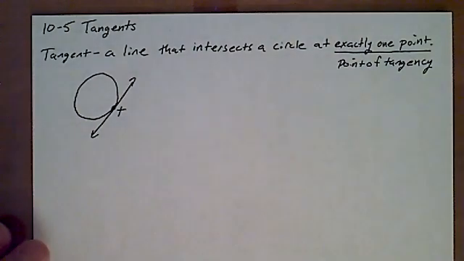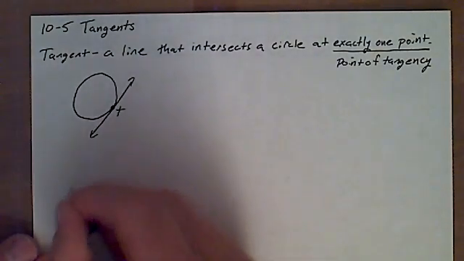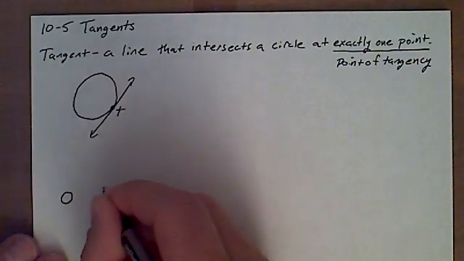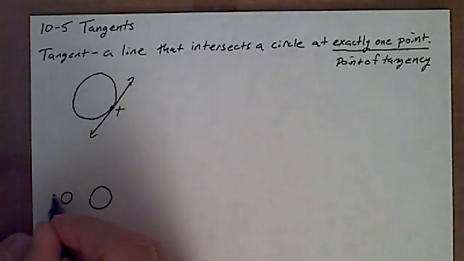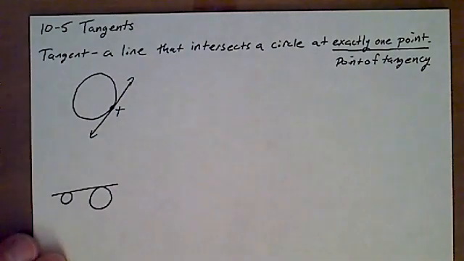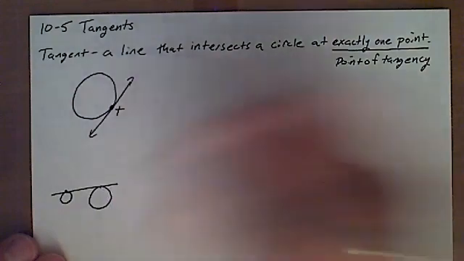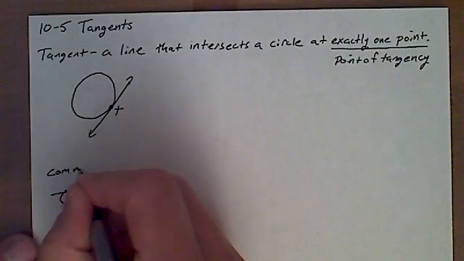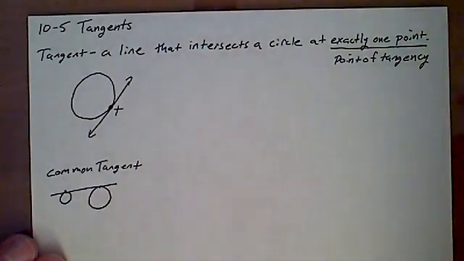All right. More than one circle can have the same tangent. So if we had two circles and a line like that, they both have a point of tangency. This is called a common tangent. You don't have to capitalize tangent.